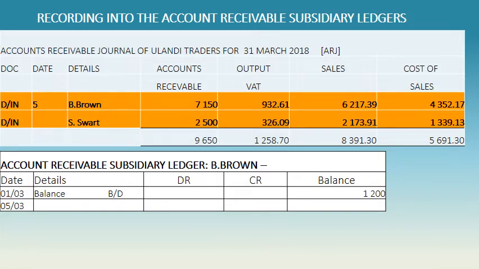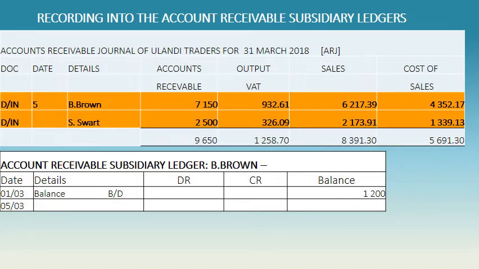If B. Brown had a balance owing from the previous month, this balance will be shown at the beginning of the month as the balance brought down, and the amount that he owed will be shown under the balance column. In this case, the amount that he owed was 1,200.